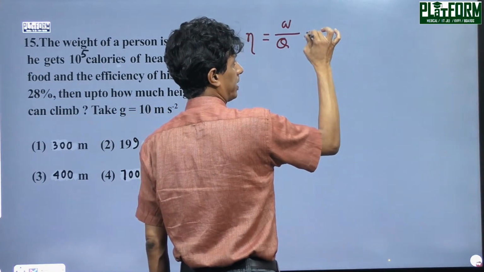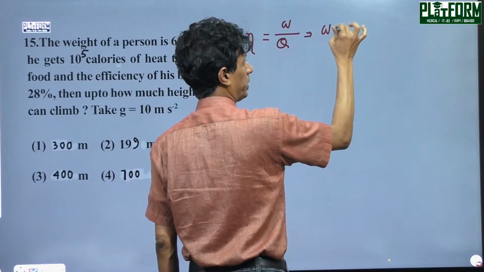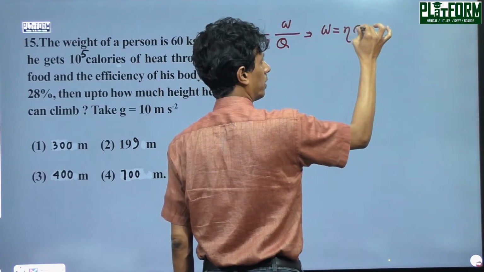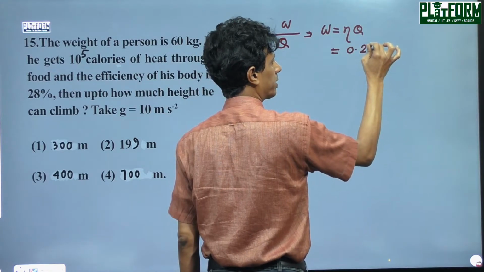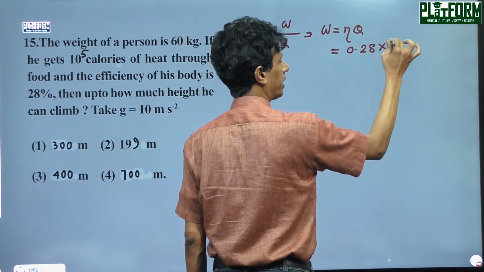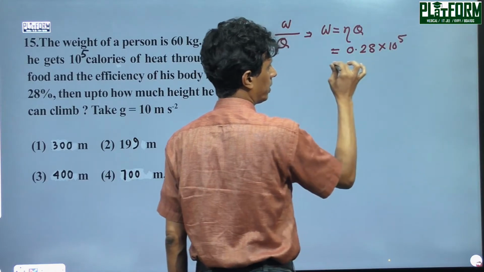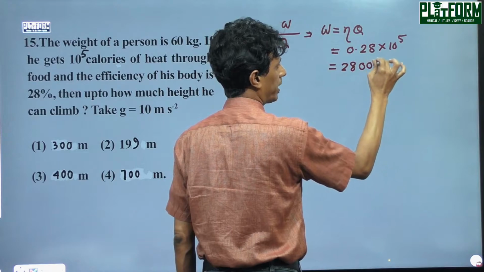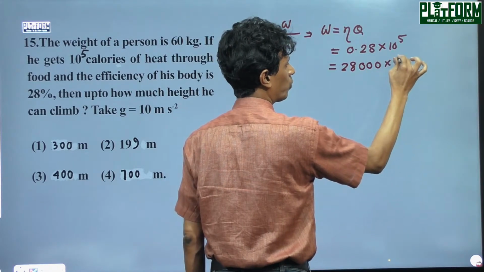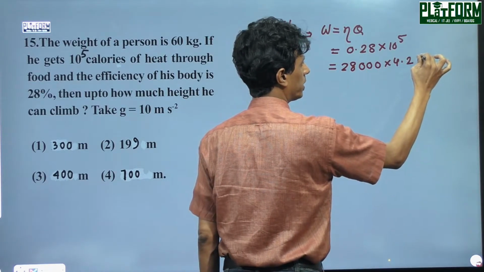We can write W is equal to eta Q, and it is 28%, and 10 to the power 5, so 28,000 into 4.2 joule.